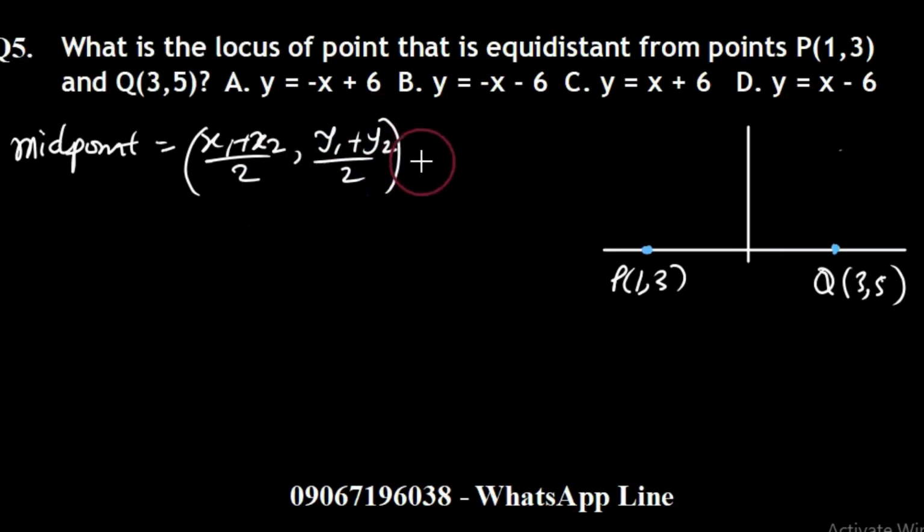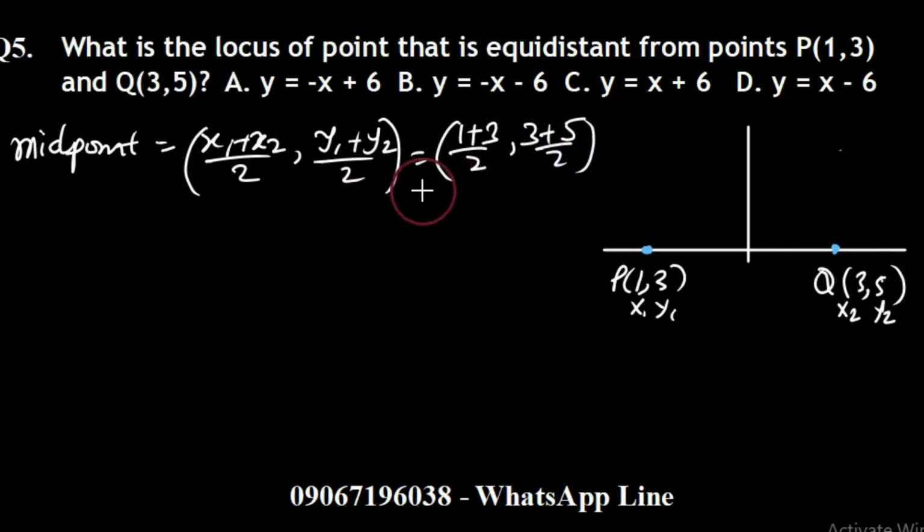From this, x1 is 1, y1 is 3, x2 is 3, and y2 is 5. So we have (1 + 3) divided by 2, comma, (3 + 5) divided by 2.